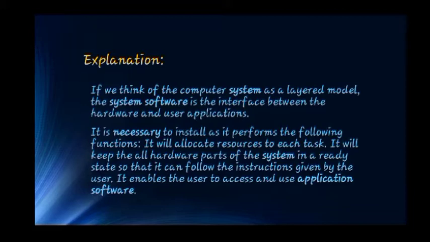Explanation: if there is no system software, then a computer can never work and cannot make a connection between the user and applications. If we think of the computer system as a layered model, the system software is the interface between the hardware and user applications. It helps us reach our task and keeps the computer doing any type of work.